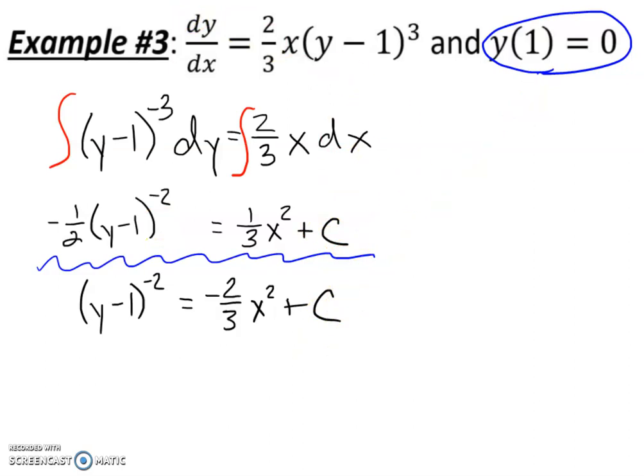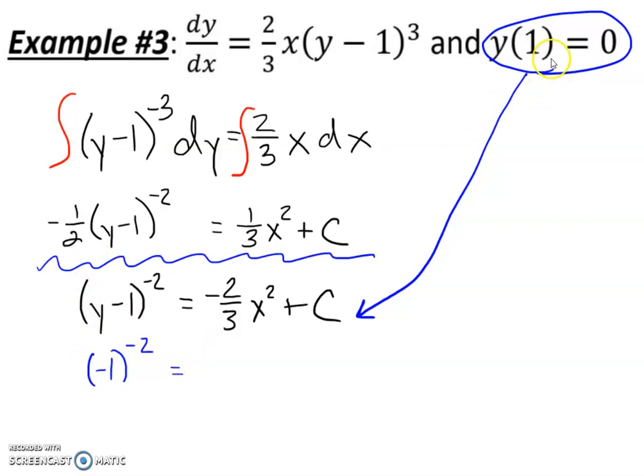Which means we are plugging this in a different step. This is what I mean by saying you kind of have a choice here. I just thought it'd be a little bit easier to not have that coefficient right there. When we plug in y of 1 equals 0, here's what we get. 0 minus 1, this is going to be negative 1 to the negative 2.